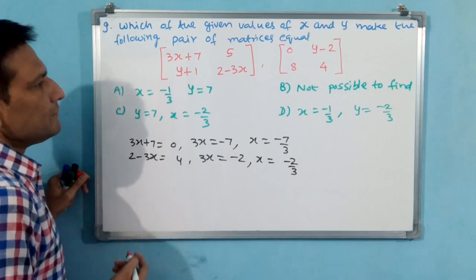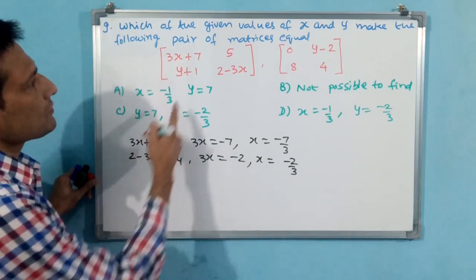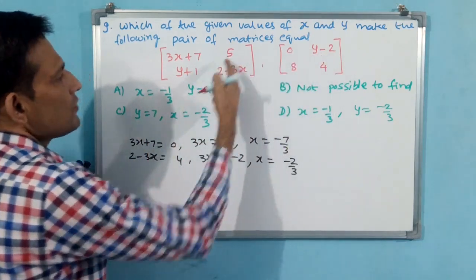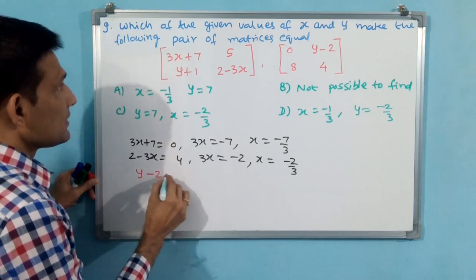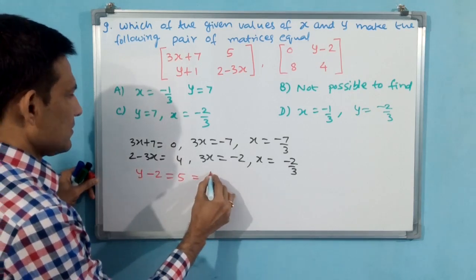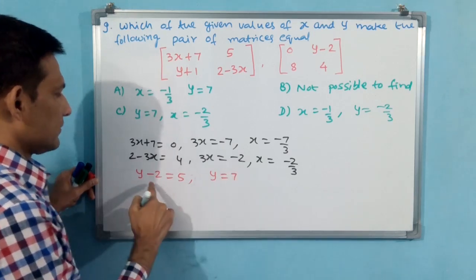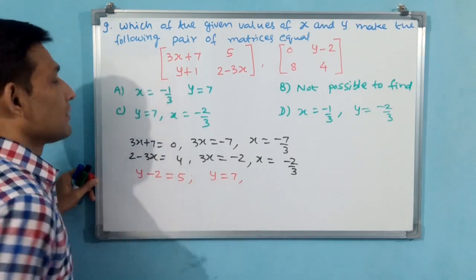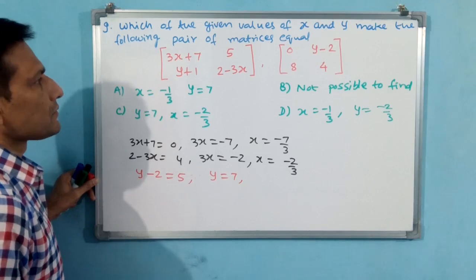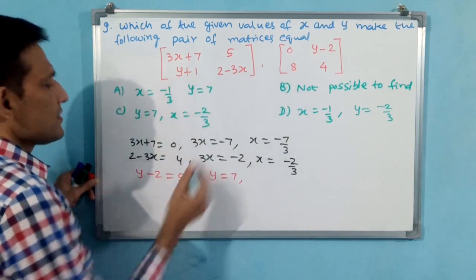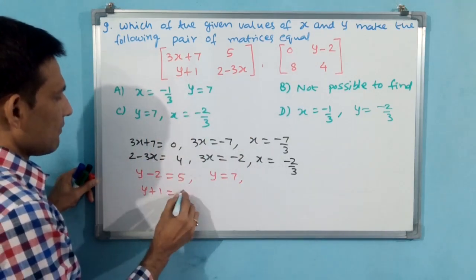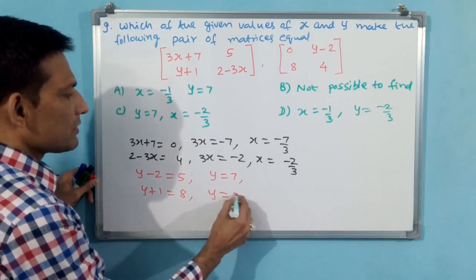Let us see y. y minus 2 is equal to 5, so y is equal to 7. Then y plus 1 is equal to 8, so y is equal to 7.